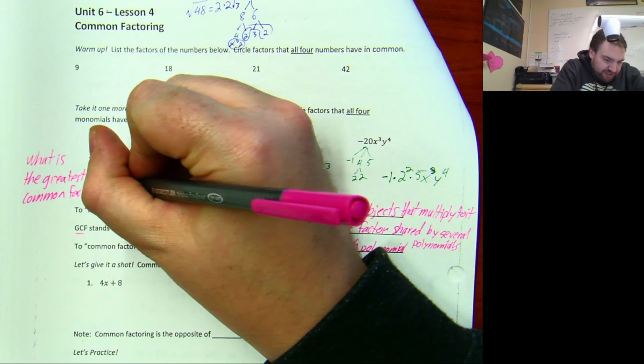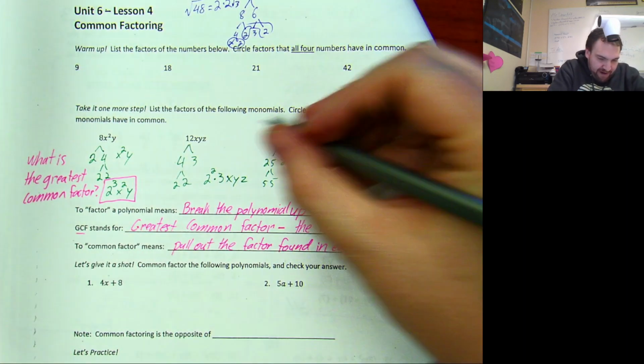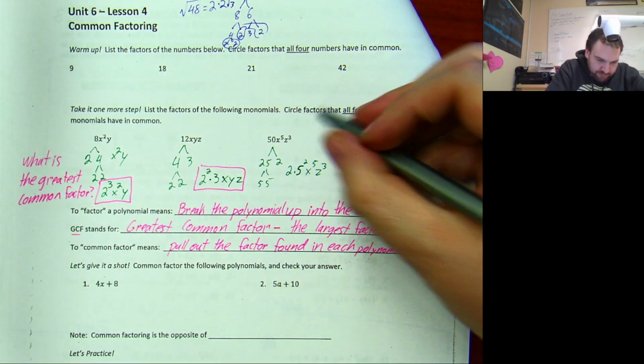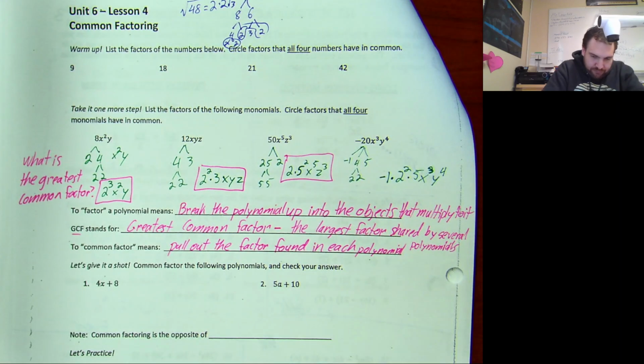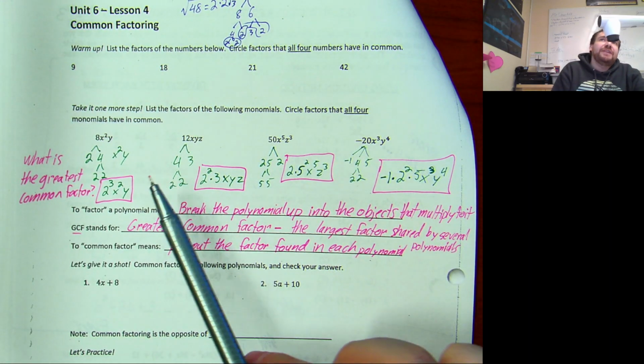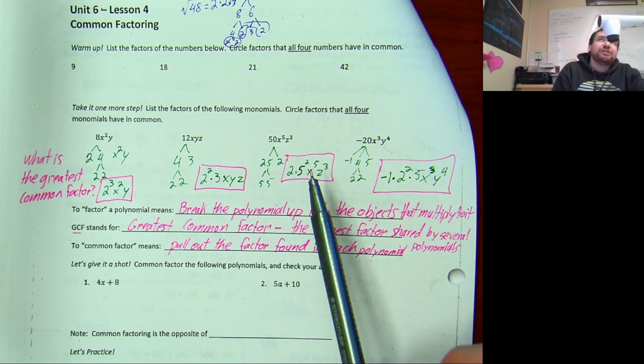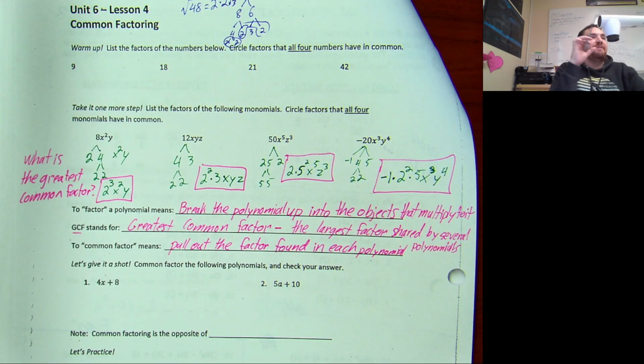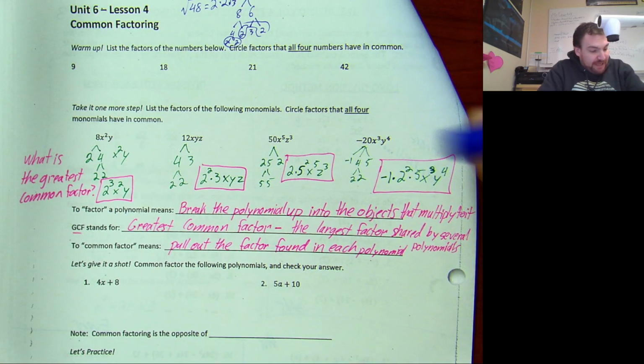So if I've got these things right here, let's go back and look at the prime factorizations of these four objects. For each one of these that I've now boxed, these are the prime factorizations of those mathematical objects. The question now is what piece or pieces do these four objects all share?